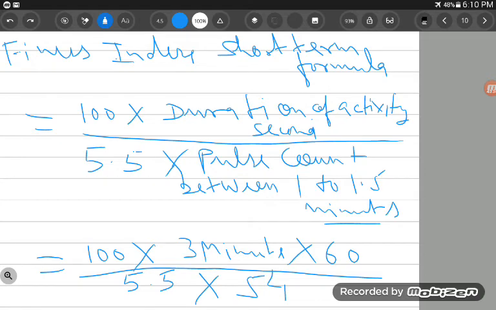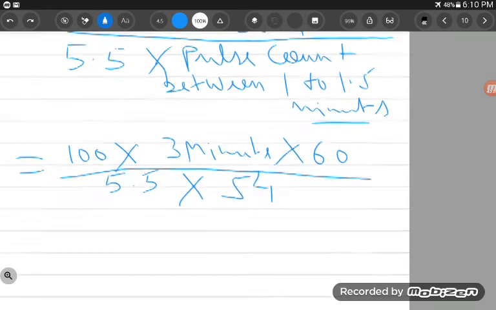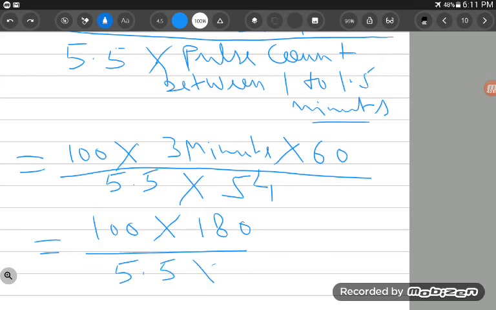It is very easy. 100 multiply 3 into 60 is equal to 180, upon 5.5 multiply 54.